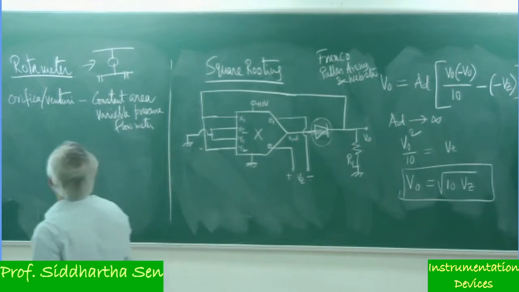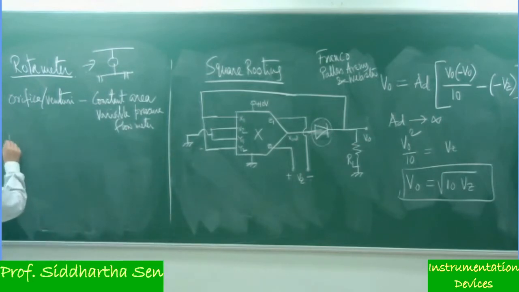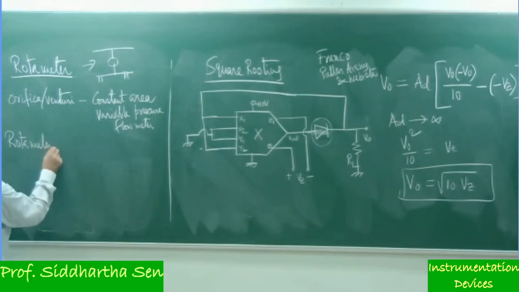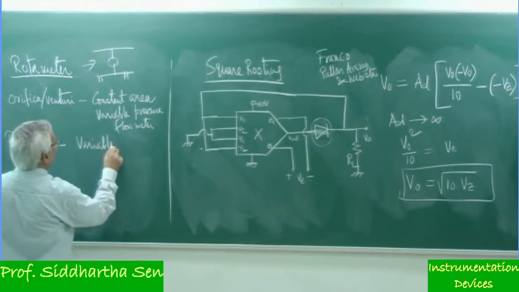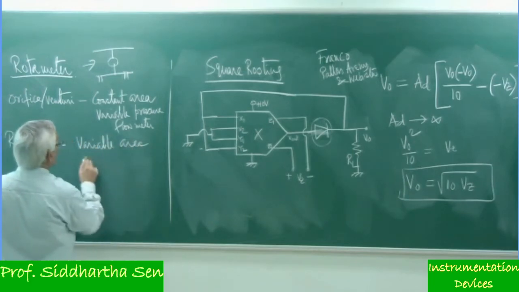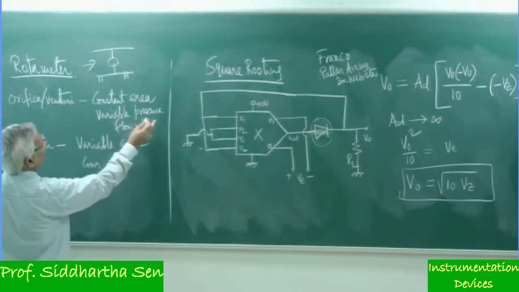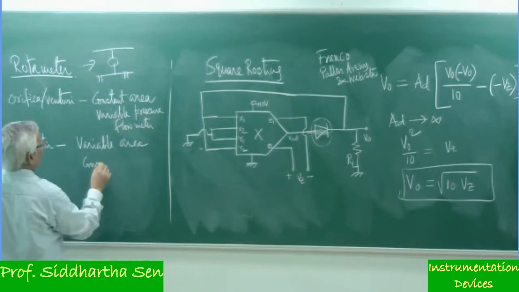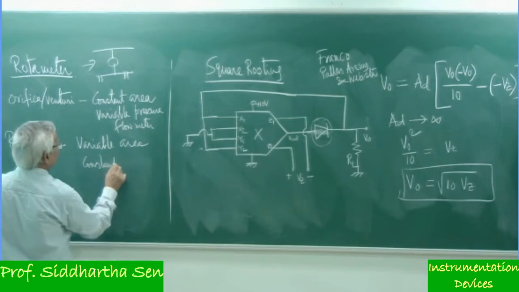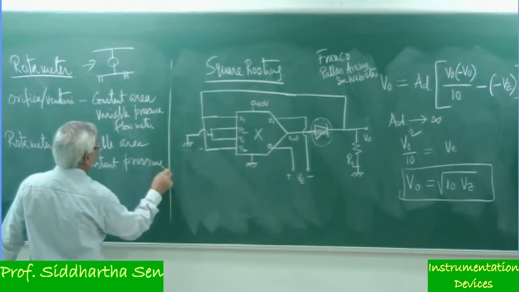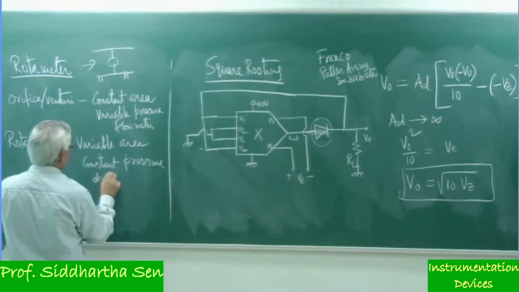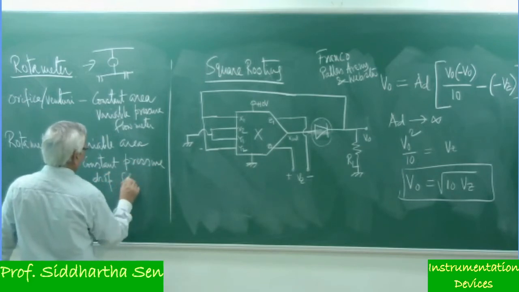On the other hand, this rotameter is just the opposite. It is a variable area, constant pressure drop flow meter.